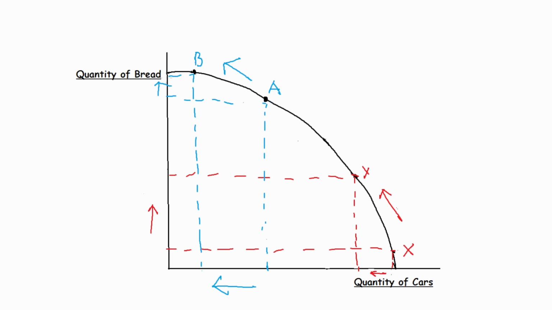So things like car factories and car workers are a lot more ineffective at producing additional bread compared to the first harvesters and tractors were at this point, when they were producing a lot more bread by only giving up a few cars. So you can see that the opportunity cost of producing any good becomes much greater as you near the extremes of its production.